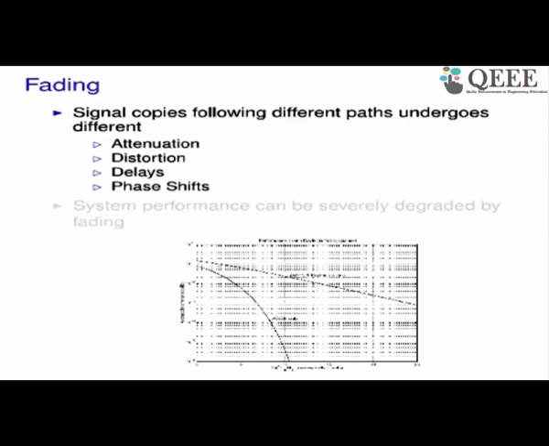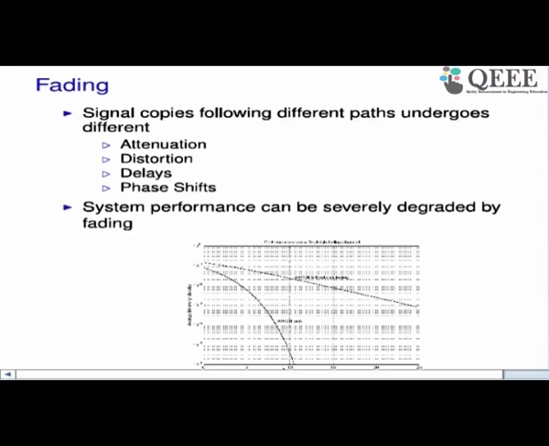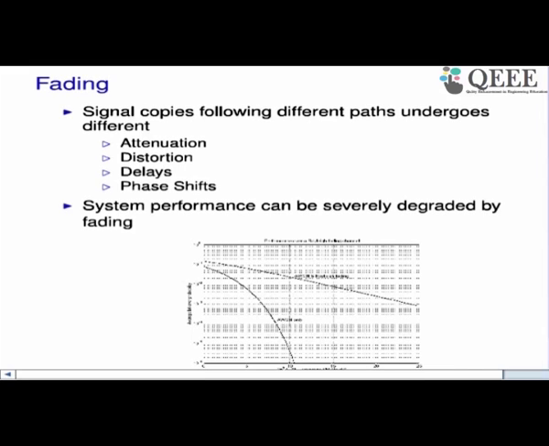So in effect, because of the fading, you see that the first lower curve is the signal to noise ratio versus probability of error for the AWGN channel. The curve that is going down fast, reaching 10 power minus 6 at around 10 dB, is the AWGN curve.